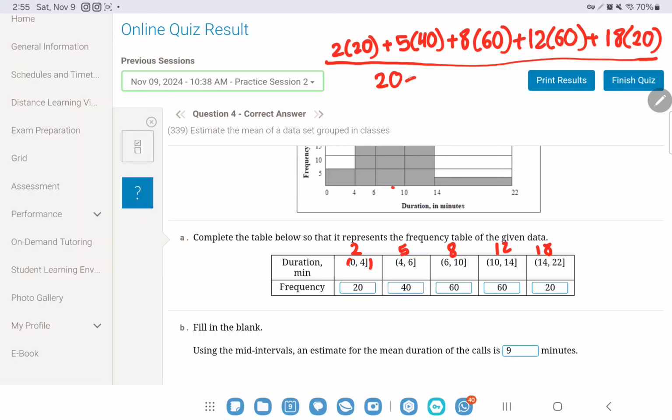So 20 plus 40 plus 60 plus 60 plus 20, and this should all equal to 9, which is our answer. Now let's move on.